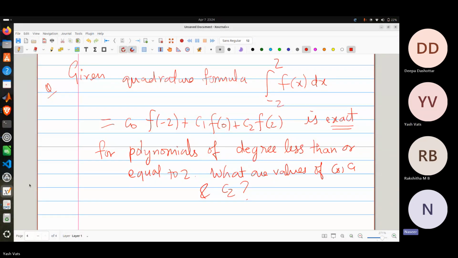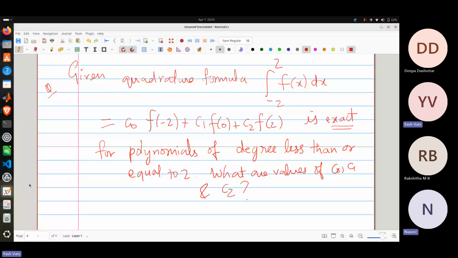Now for the 10th problem, a very easy function, sine, is given. So how would you find out? That's the question. Should I take f of x as x power r again and try to approximate?